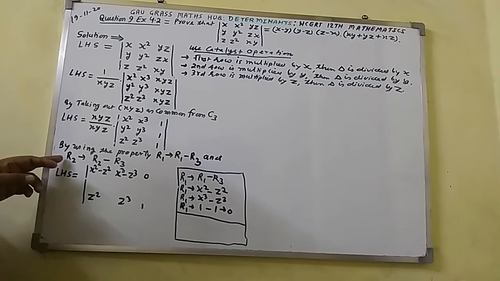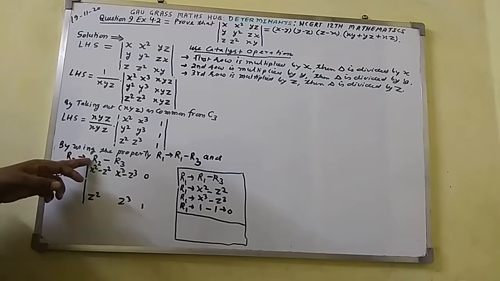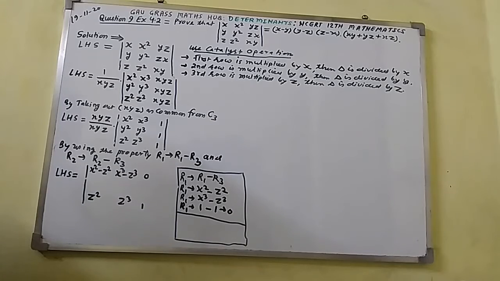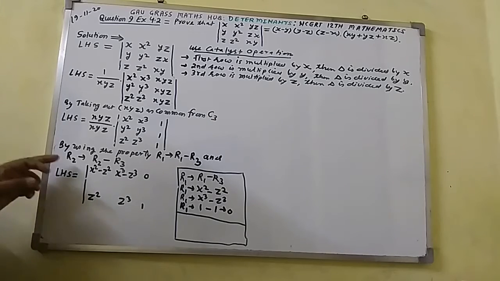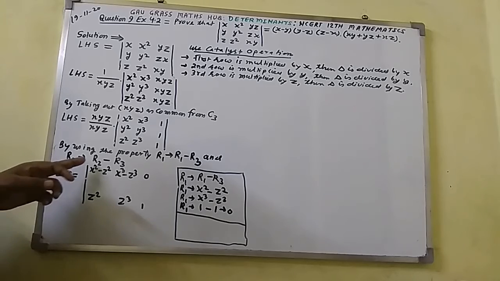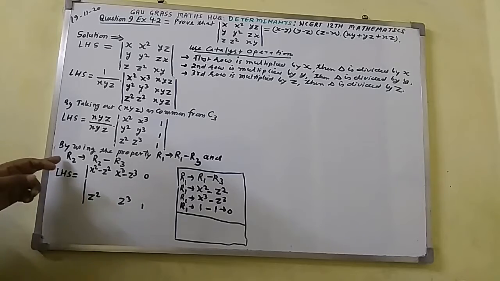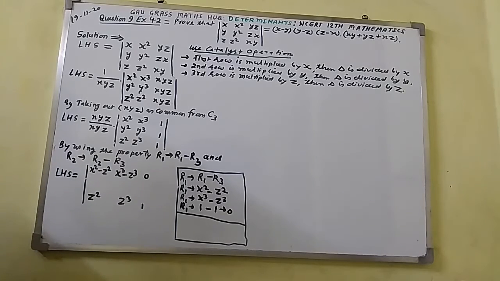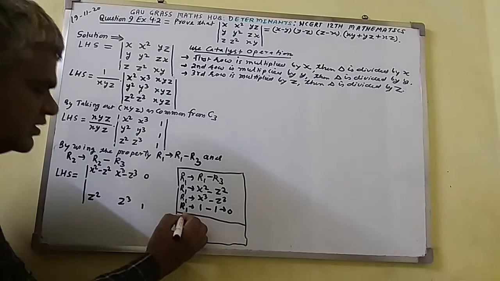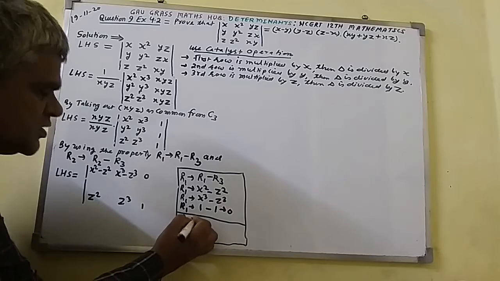Again the property is there, R2 goes to R2 minus R3. This means that only changes will occur in the second row. There will be no changes in the first row and third row as per this property. So here R2 goes to R2.